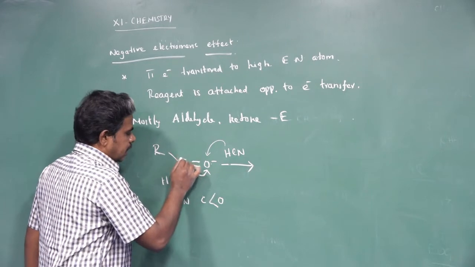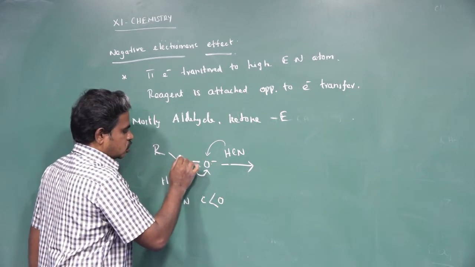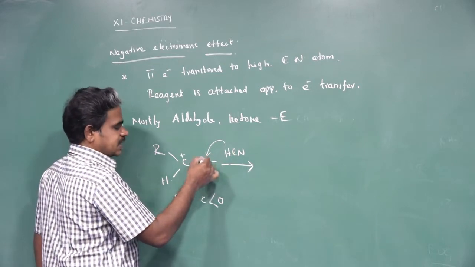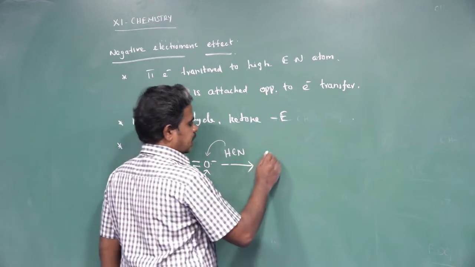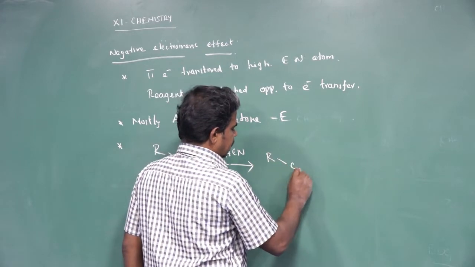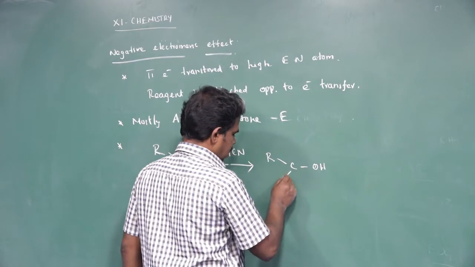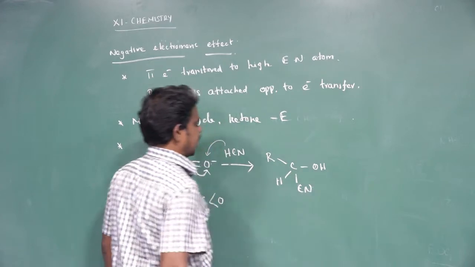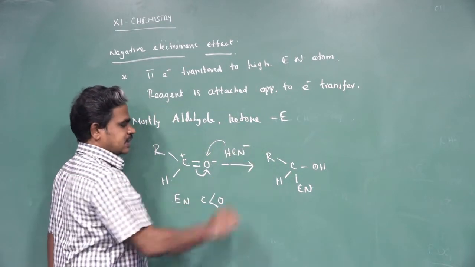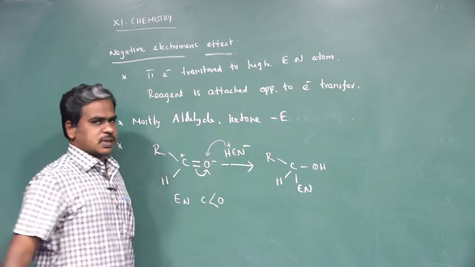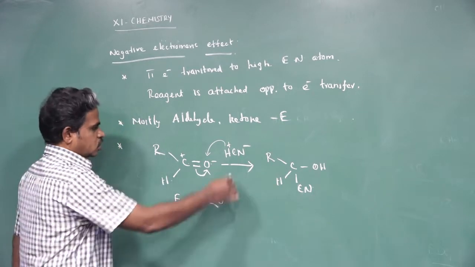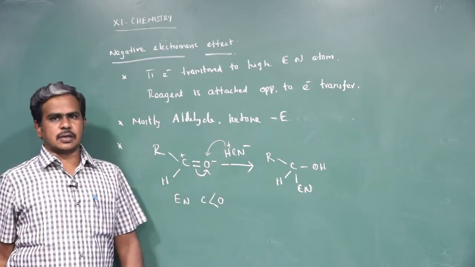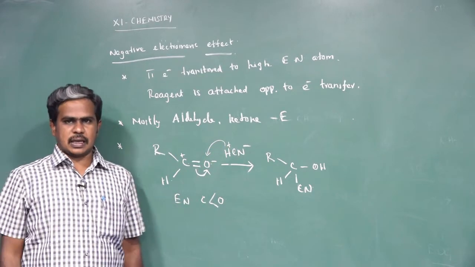Now carbon loses its pi electron, so that it is getting a positive charge, so that here the H plus attacks first. So we are getting R, C, OH, and here H, and here it is CN, cyanide. Cyanide is CN minus, hydrogen is H plus, so positive negative attraction. So H plus is attached with the oxygen and CN is attached with the carbon, that is carbocation.